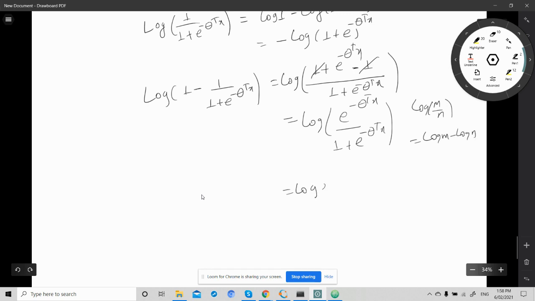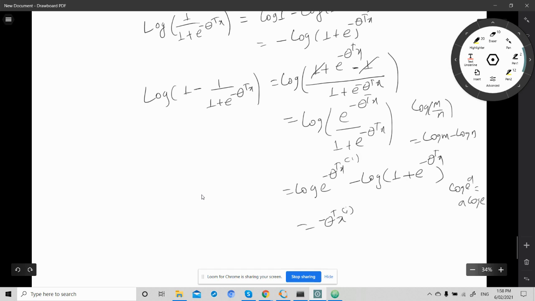This will be log of e to the power minus theta transpose of x minus log of 1 plus e to the power minus theta transpose of x. And again we know that log of e to the power a is a log e. So this will be again minus theta transpose of x with respect to i.